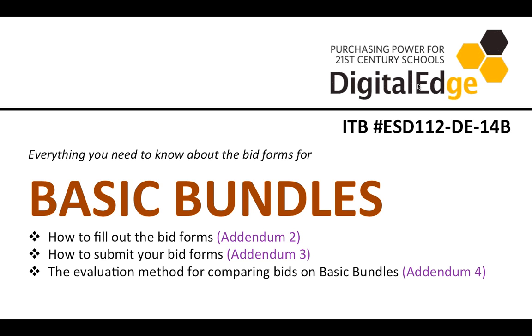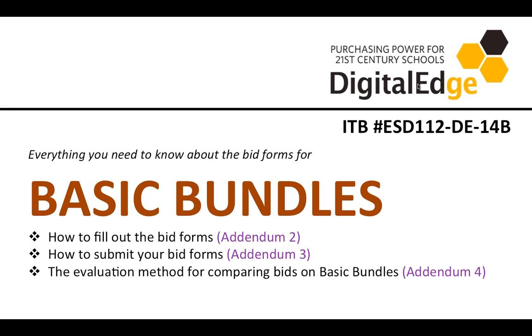What I did is I took the original bid form and I split it into 2 bid forms. Now there's a bid form for making offers just on the basic bundles of devices and carts, and of course in the case of Chromebooks, the Chrome management licenses, or the Google management licenses, I should say.